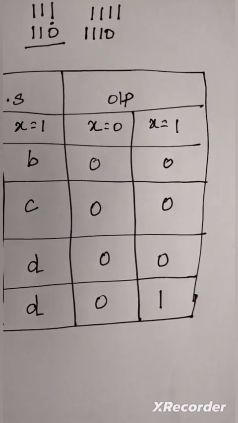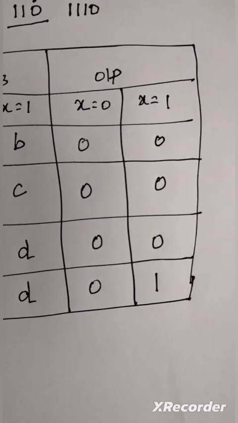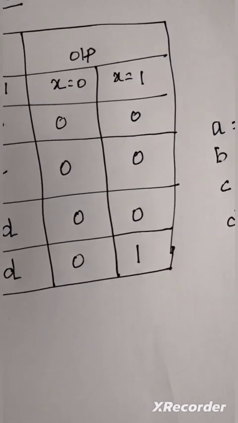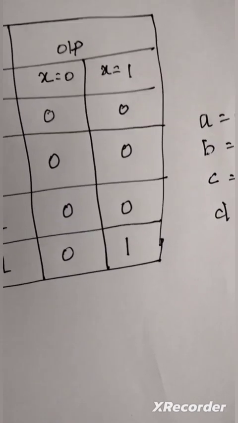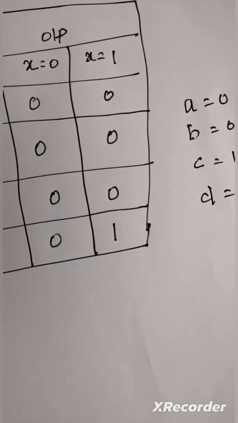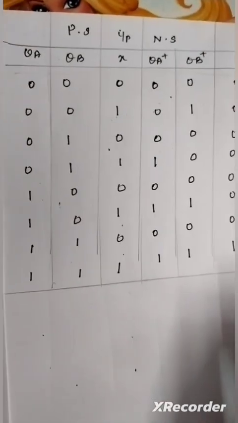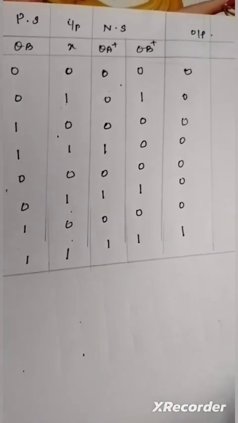So based on the previous transition table, I have written this transition table. Already you know the output also. Your output is 0, 0, 0, 0, 0, 0, 0 and 1, right? So based on the previous transition table, I have written this one.